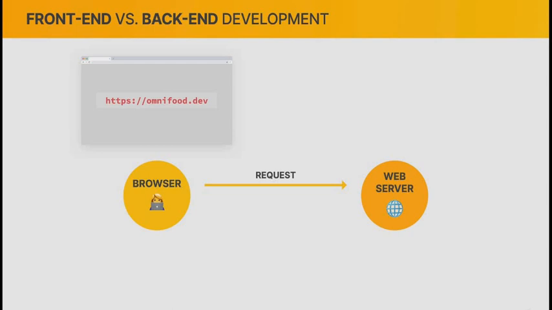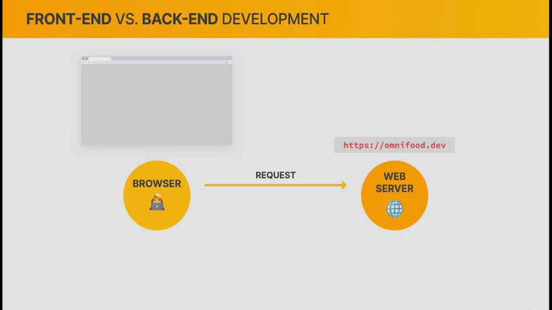So each and every website is stored on something called a server, which is basically a computer that is connected to the internet and is able to receive requests like this one. So again, when we browse to a certain website, our web browser will send a request to the server where the website is stored. So where it is hosted.